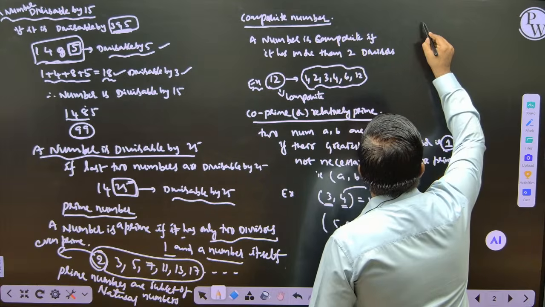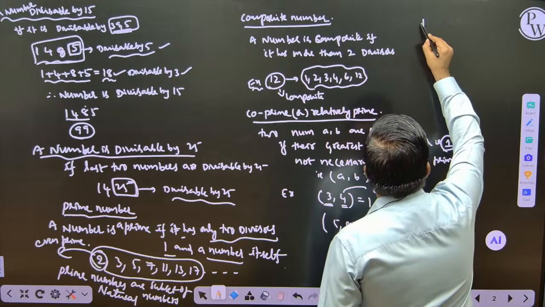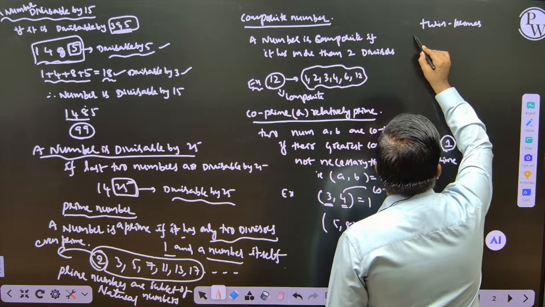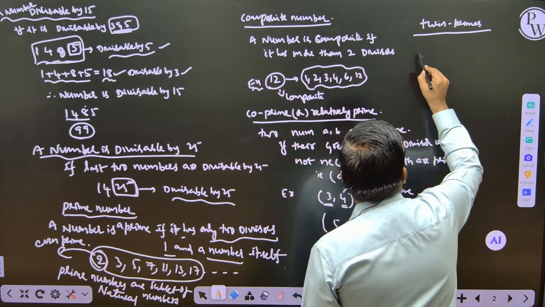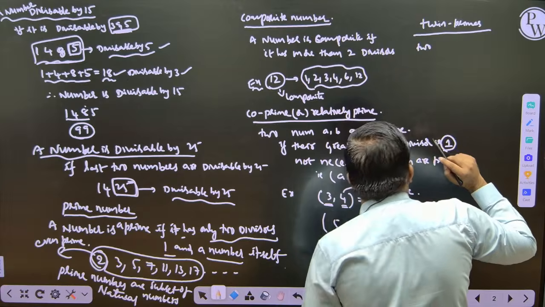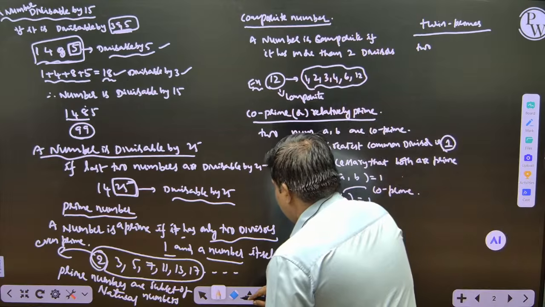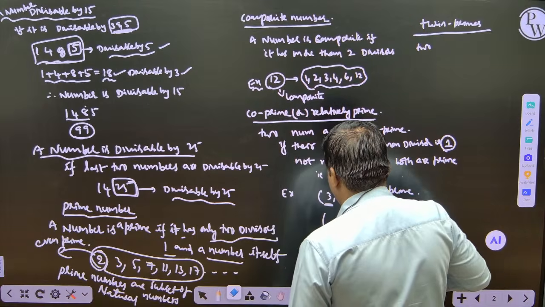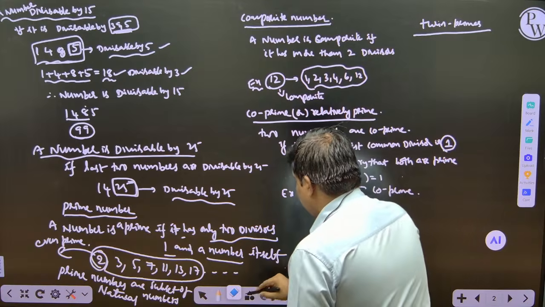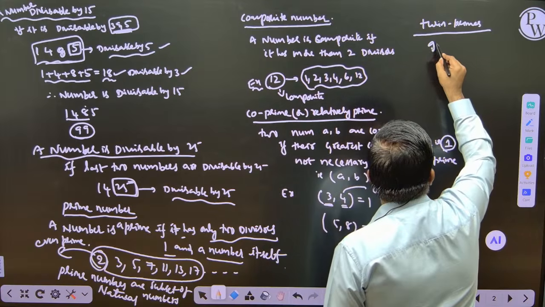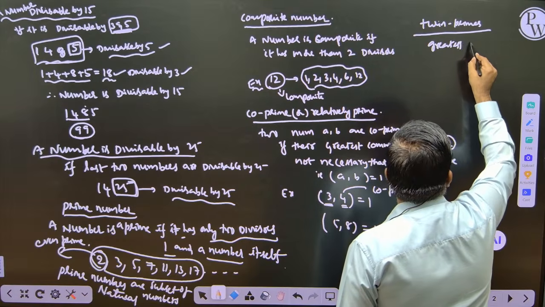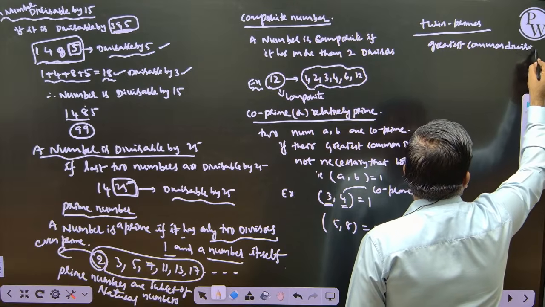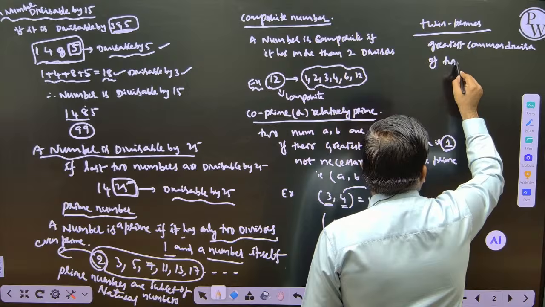But twin primes. The next one is twin primes. What is the meaning of a twin prime? Here twin means two.